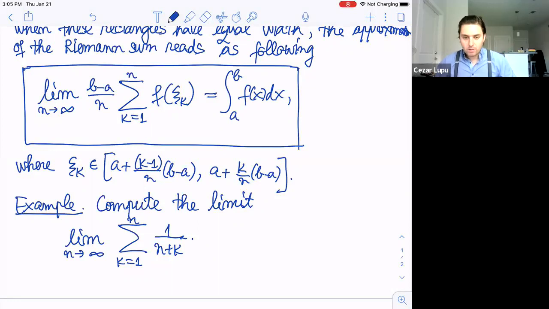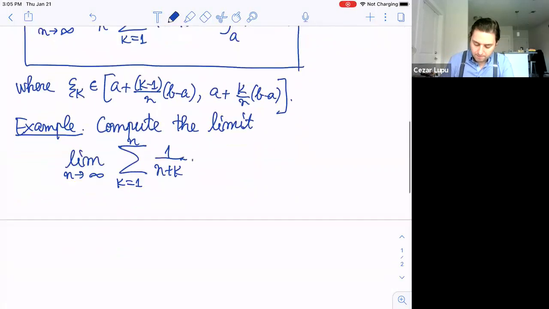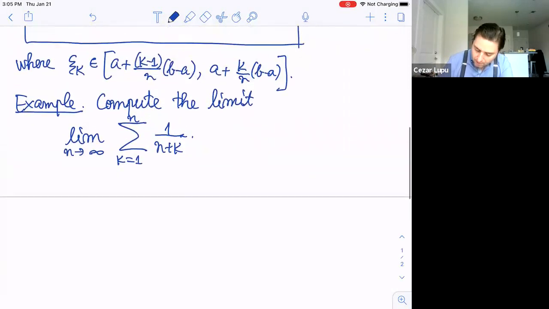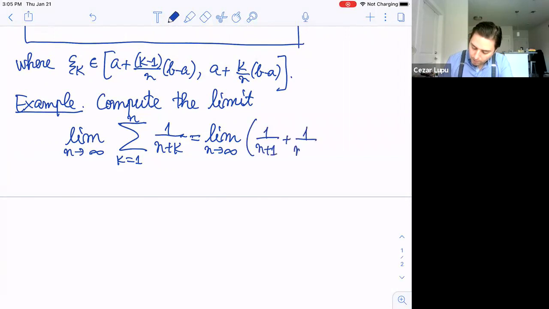Okay, now we would like to use something with the Riemann sums. So the way we're going to do it is in the following way. This can also be written as the limit as n approaches infinity of 1 over n plus 1 plus 1 over n plus 2 plus all the way plus 1 over n plus n, right?